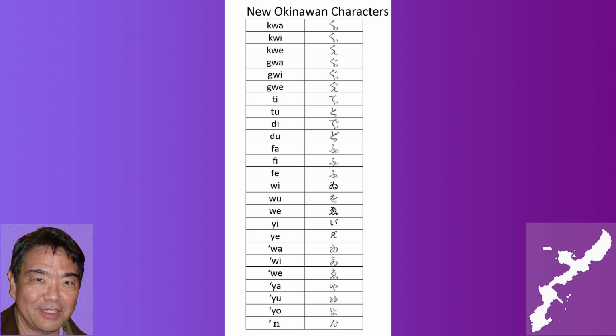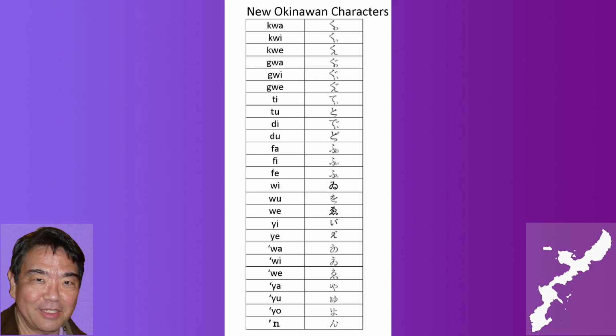Kui is ku with a small e on the bottom. Kwe is a ku with a small a on the bottom. Gua is a gu with a small wa on the bottom. Gui is a gu with a small e on the bottom. Gwe is a gu with a small a on the bottom.